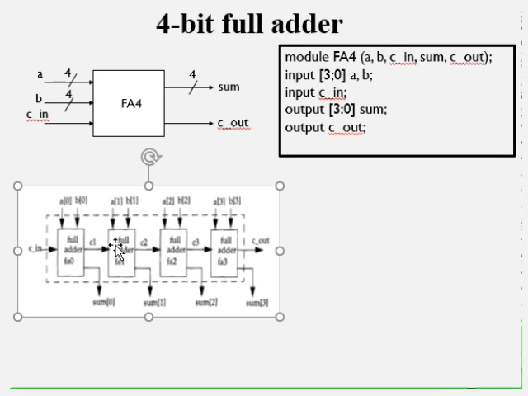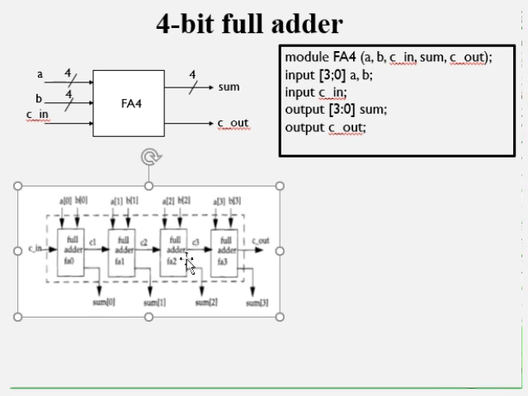So C1 becomes the input carry to FA1, the second full adder in the series. That is going to add the second bit of the two numbers, that is A of 1 and B of 1. The output will be sum of 1 and C2, which will be the carry out.